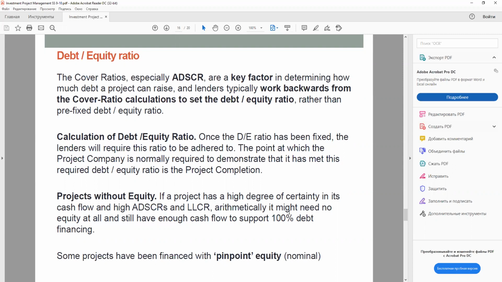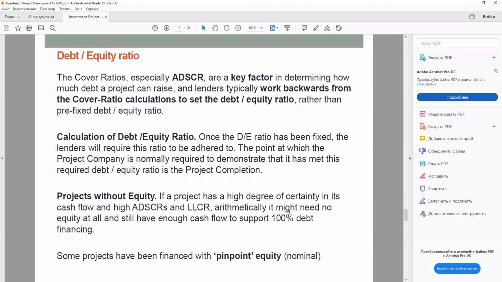What about the calculation of the debt equity ratio? Once the debt equity ratio has been fixed, lenders will require this ratio to be adhered to. The point at which the project company is normally required to demonstrate that it has met the required debt equity ratio, assuming that debt and equity are not being drawn down pro rata, is the later of project completion or the date on which no further drawings can be made on the debt.